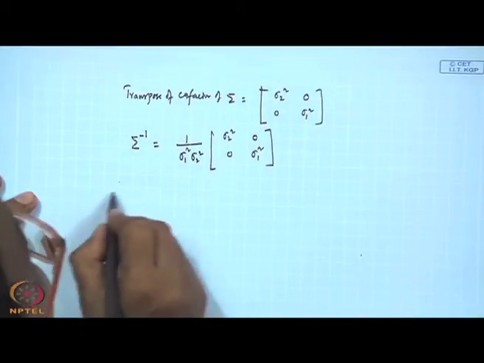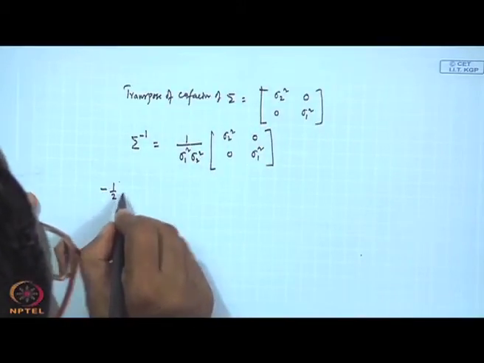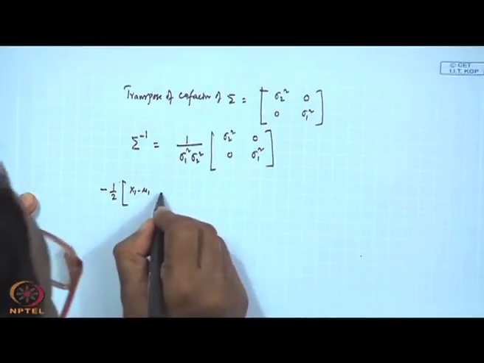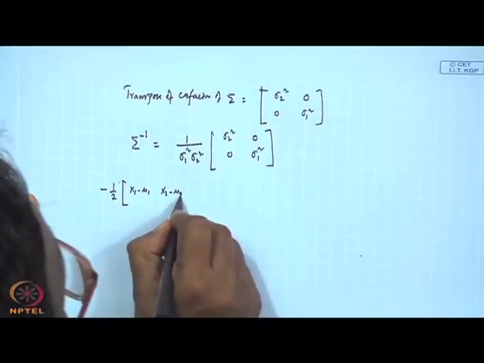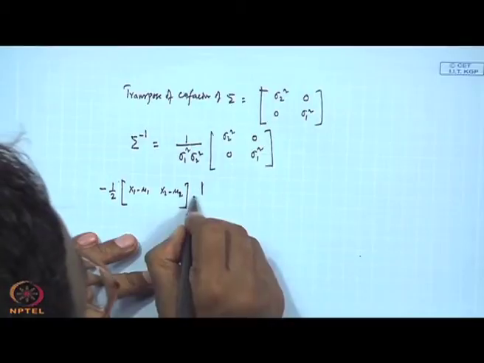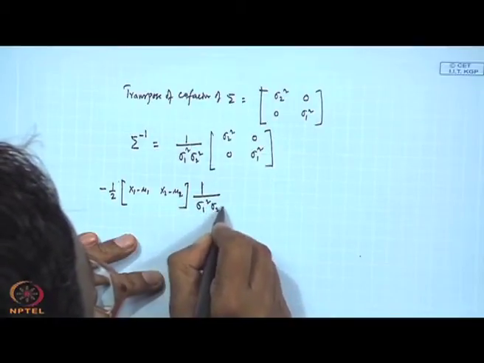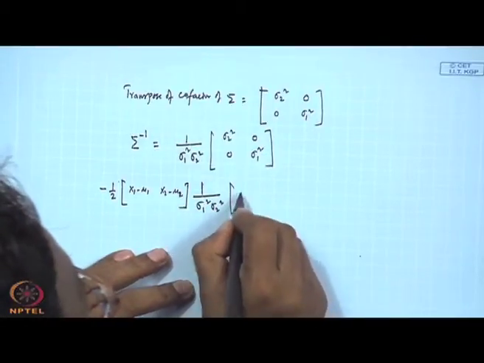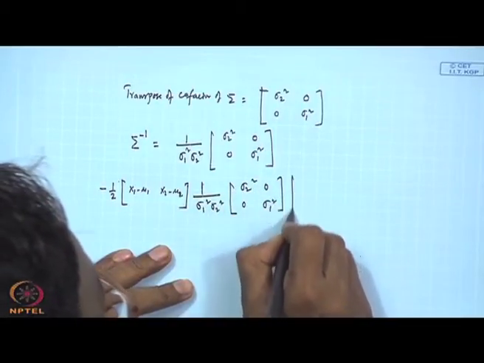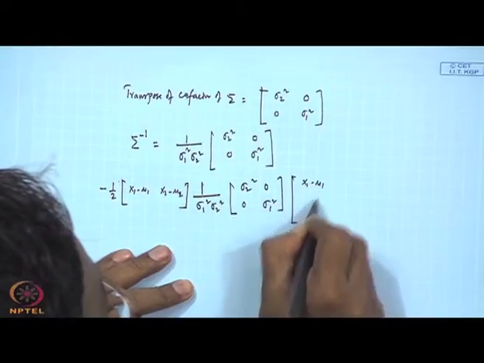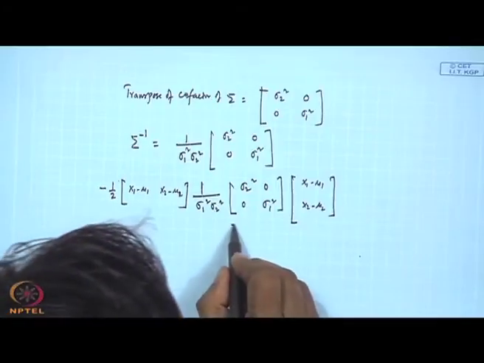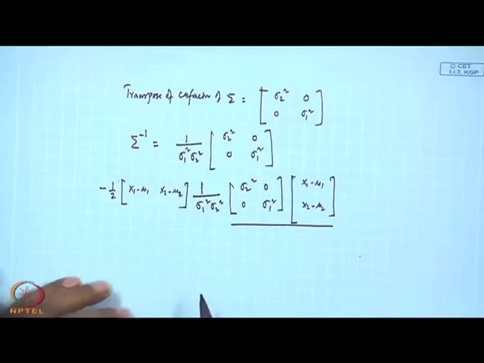My calculation is minus half, x 1 minus mu 1, x 2 minus mu 2, then the inverse, 1 by sigma 1 square sigma 2 square times sigma 2 square, 0, 0, sigma 1 square, then multiplied by x 1 minus mu 1 and x 2 minus mu 2. Suppose I do this portion first, what will you get?